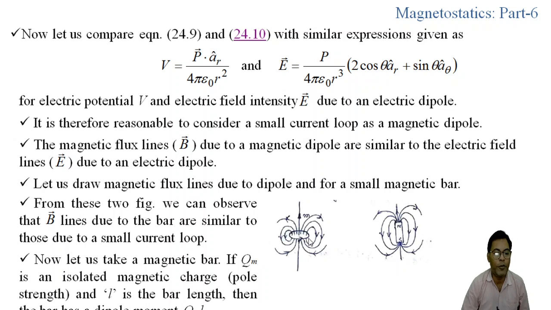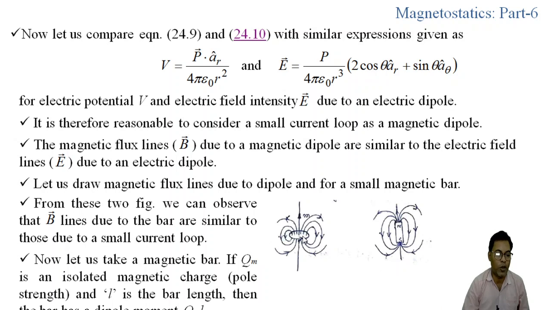Similarly, if you consider a current loop and current is flowing in this direction, we can have the magnetic field lines similar to those produced by a magnetic bar. So we can say the current loop is a magnetic bar or a magnetic dipole.